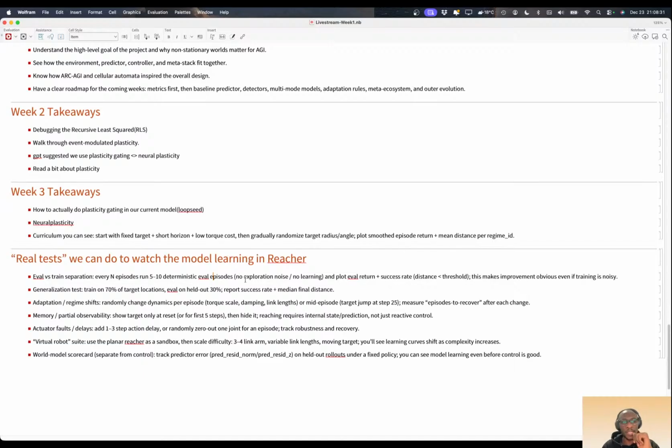Now, why are we interested in this, and why is this project specifically interested in cultural dynamics or cultural evolution? Because think about how agents can evolve through other agents' ideas, or in our case, through other agents' code.